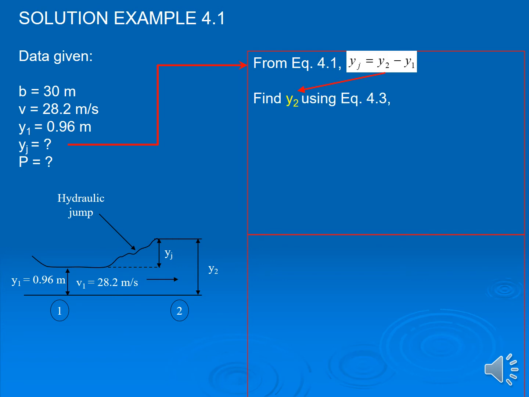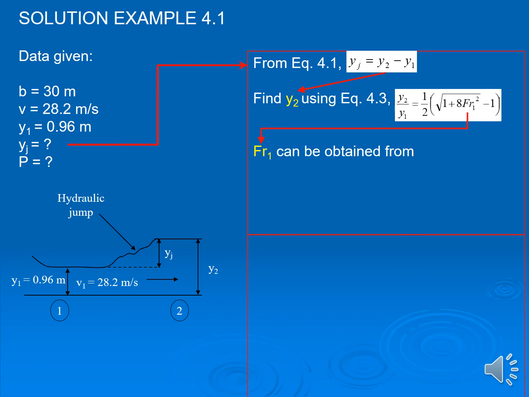So Y2 can be obtained using equation 4.3, the equation for the hydraulic conjugate depth. We have Y1, but we don't have the Froude number, Fr. But the Froude number can be obtained using the formula V divided by the square root of g Y. So V has been given in the problem as 28.2 and Y1 is 0.96.